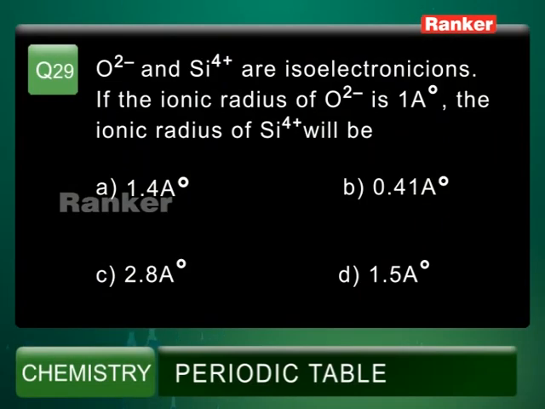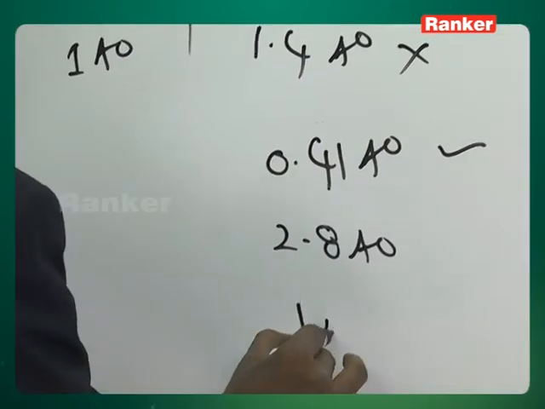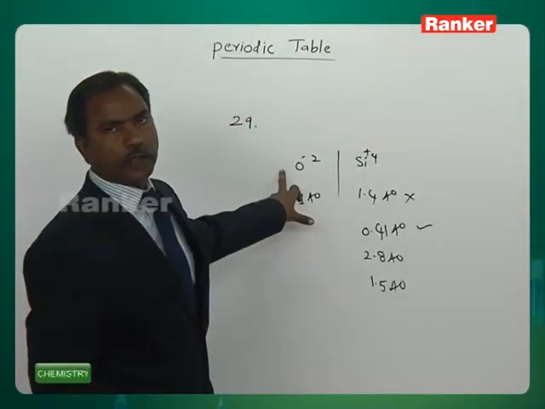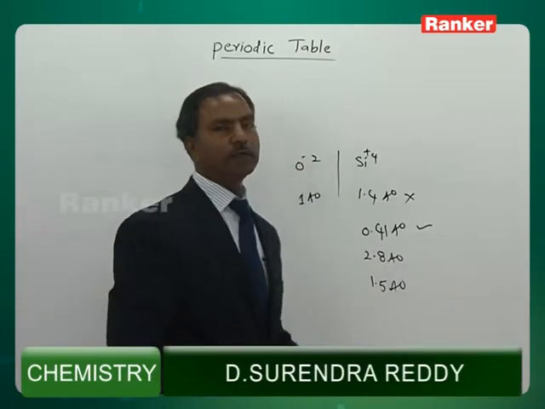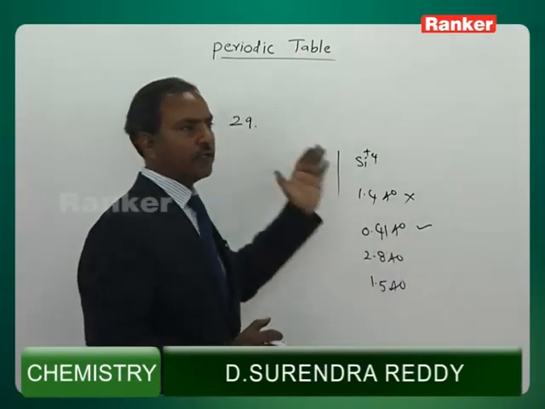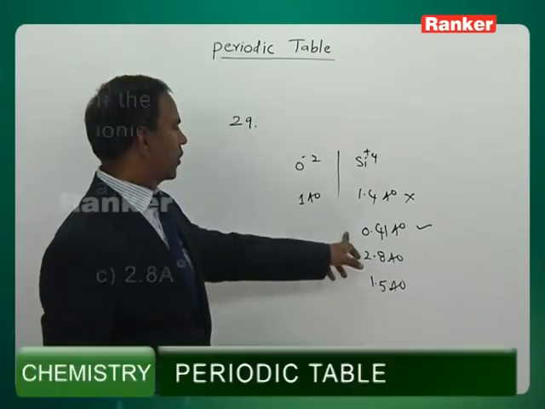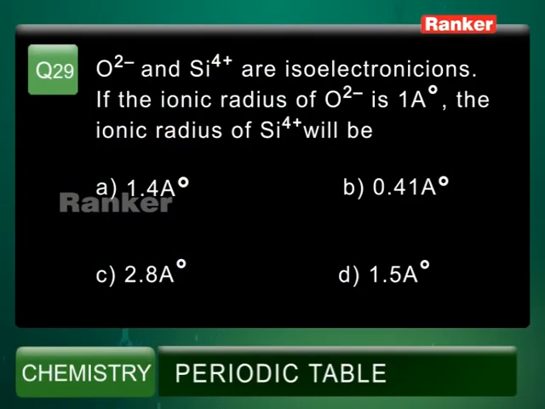Option D, 1.5 angstroms. Whatever it may be, this is a di-negative anion and that is a tetrapositive cation. The positive cation should definitely be smaller than the anion in this case. Therefore, with the smaller size of 0.41 angstroms, question number 29, answer is B.